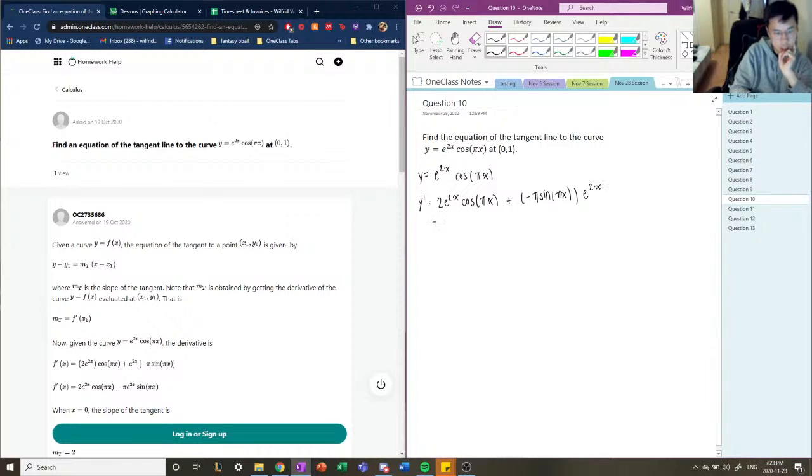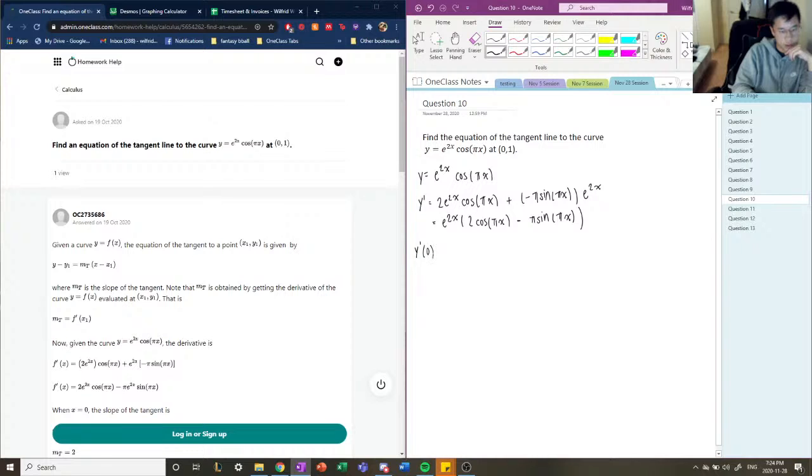Okay, so we simplify this, we get e to the 2x times (2 cos pi x minus pi sine pi x), okay? All right, cool. So now we're going to plug in our x value, which is 0.